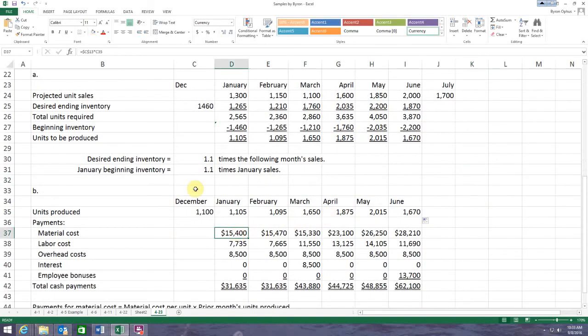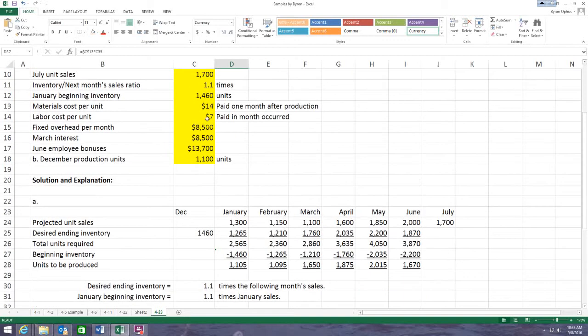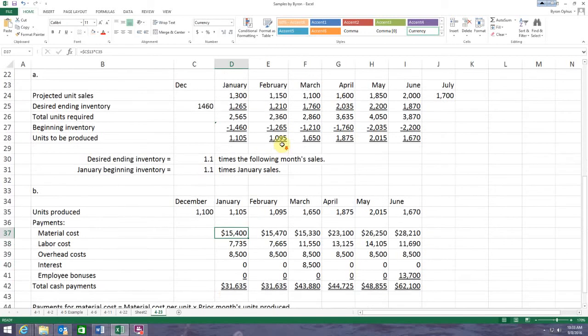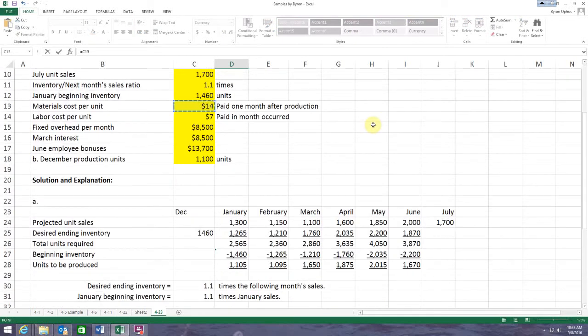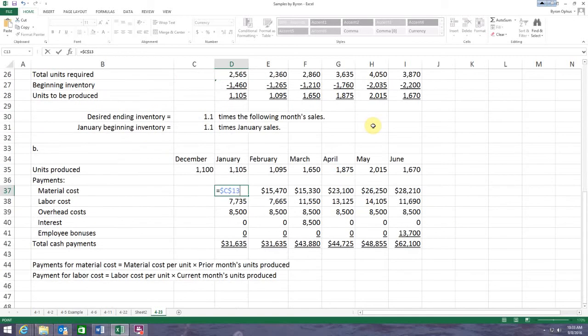My material cost then, materials are $14 paid 1 month after production. So my material cost is based on my last month's production, and it's $14 times the units produced. So I can say that this is equal to my $14, and I'll hit my F4, because that reference will stay the same, times my 1,100 over here, my prior month's production.